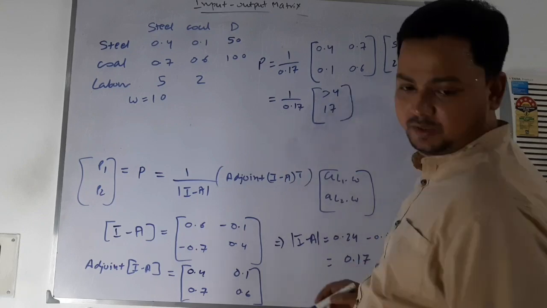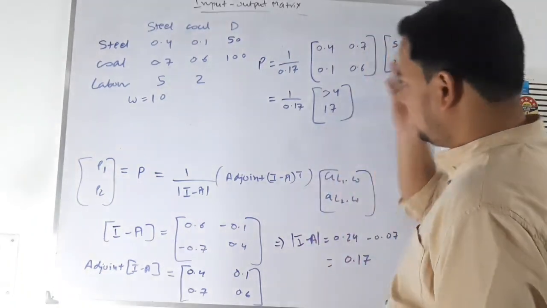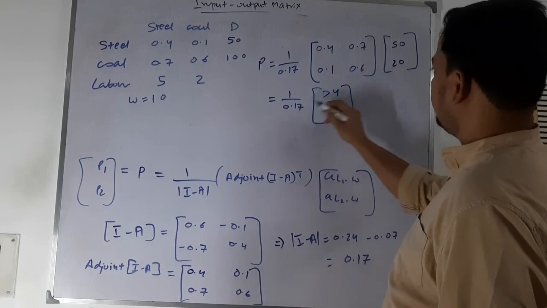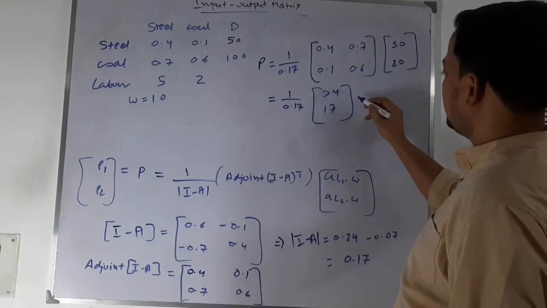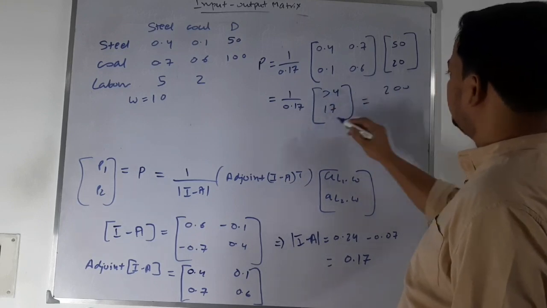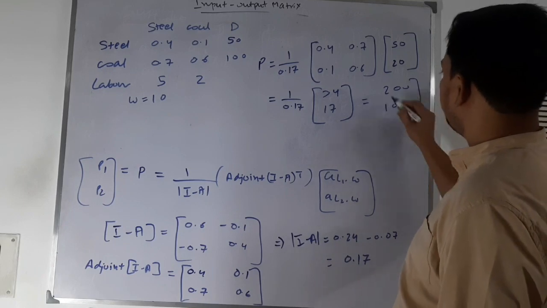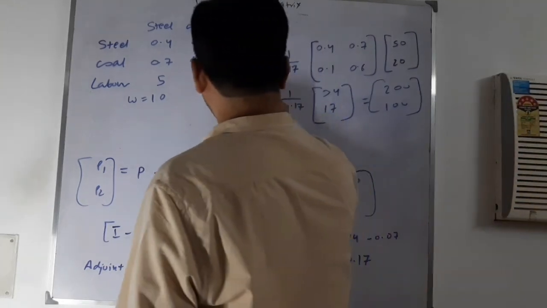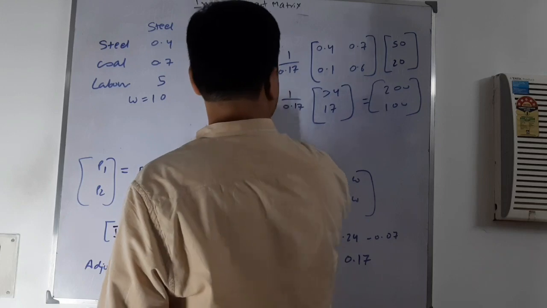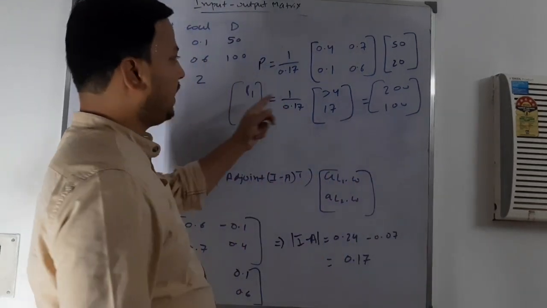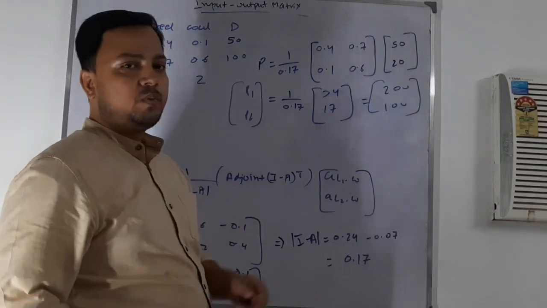So I will be getting 70. Yeah, correct. Okay, so take this inside. You will be getting 200 and you will be getting 100. So this is the price you are getting, P1, P2, 200 and 100. So P1 equilibrium price is 200 and P2 equilibrium price is 100.